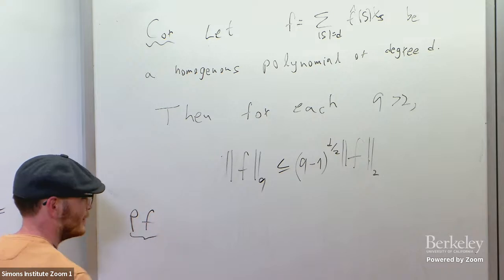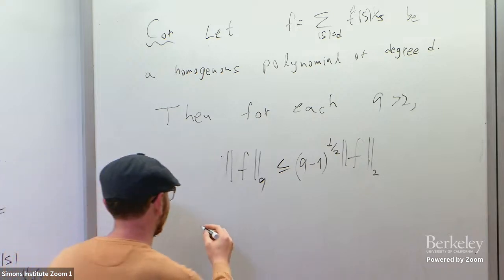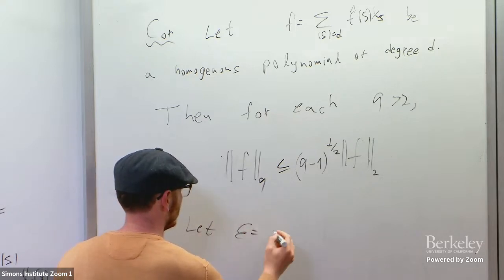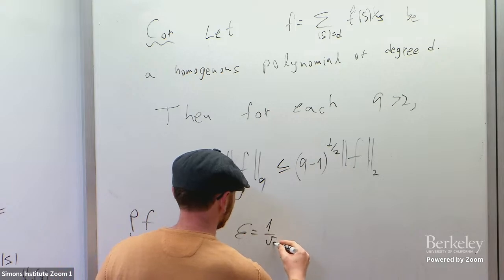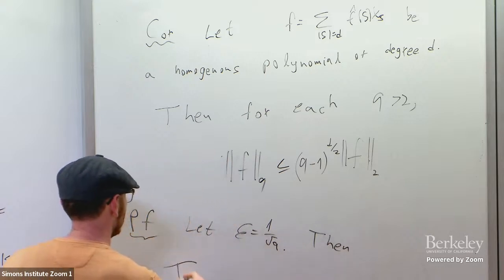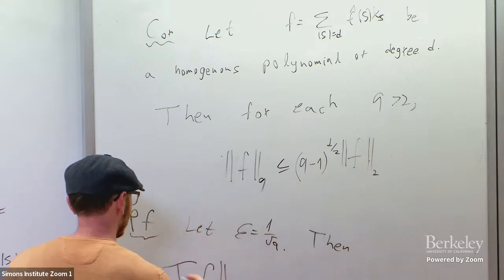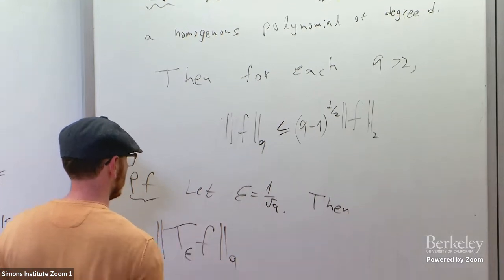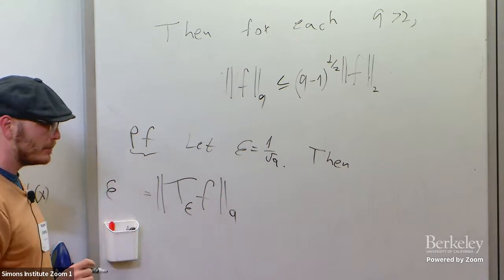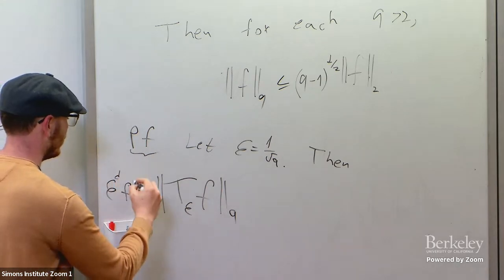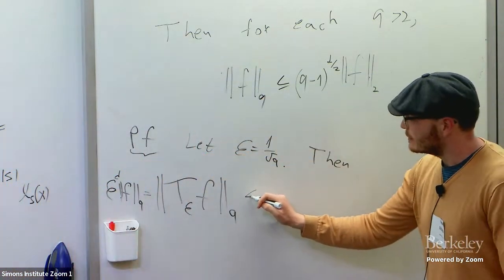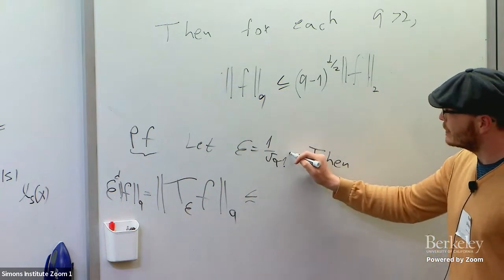The proof here is again very simple. We let epsilon be 1 over root q. Then the q norm of T epsilon of f, on the one hand, is equal to epsilon to the d times the q norm of f, which is 1 over square root of q minus 1 to the d.